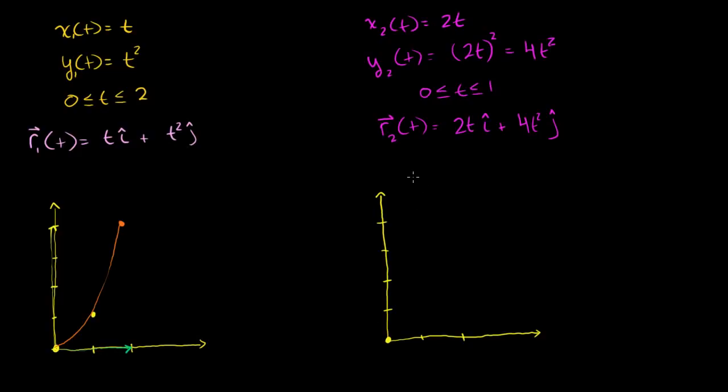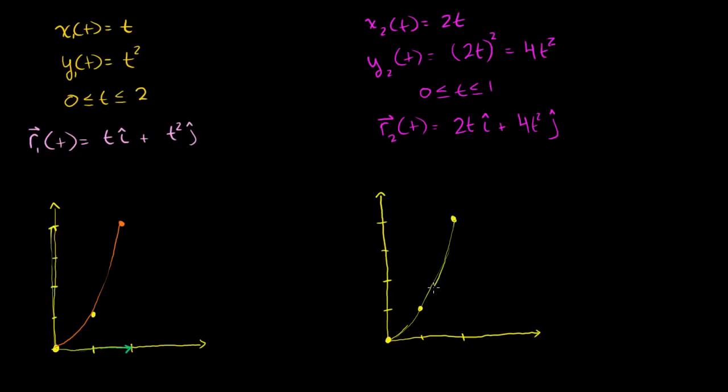When t is equal to 1/2, what are we going to get here? 1/2 times 2 is 1, and 1/2 squared is 1/4 times 4 is 1. So when t is equal to 1/2, we're going to be at the point 1, 1. And when t is equal to 1, we're going to be at the point 2, 4. Right? 2, 4.